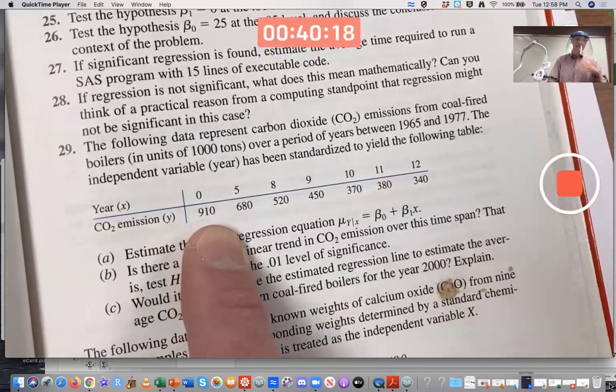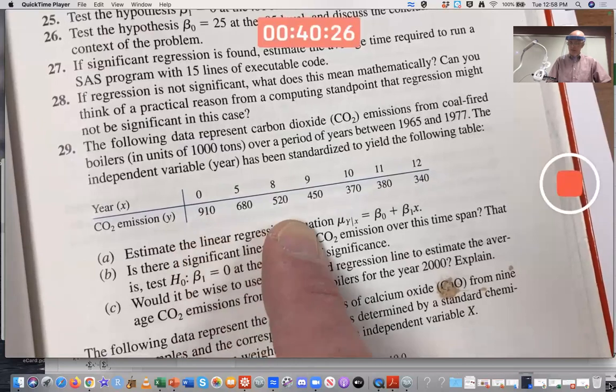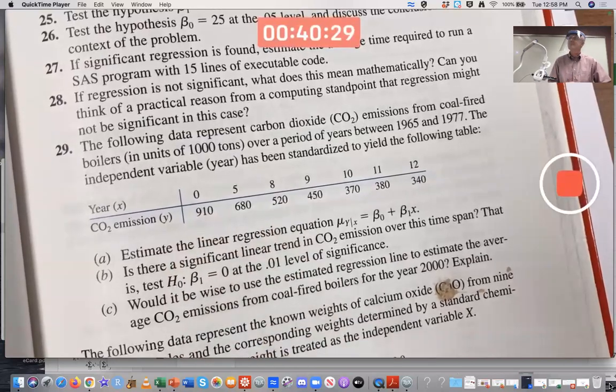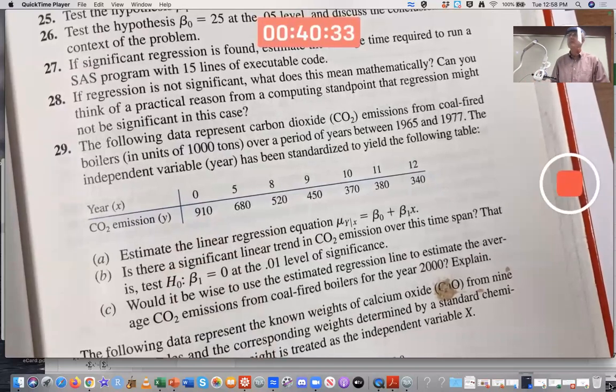For the sake of simplicity, well, this is going to seem a little funny. Assume for each year, this is the emissions from one boiler. Maybe different boilers, maybe not the same, but just one boiler.